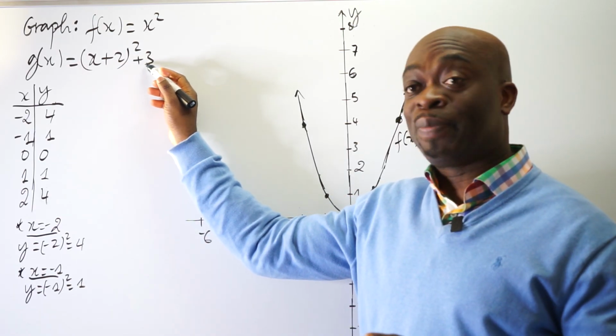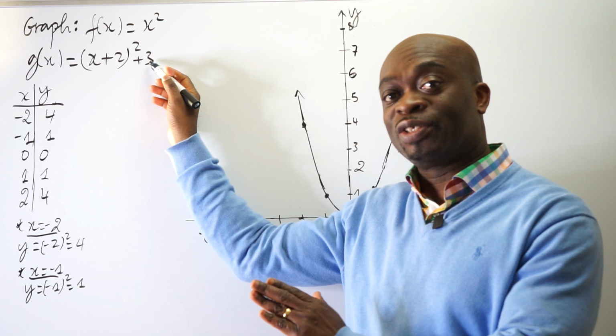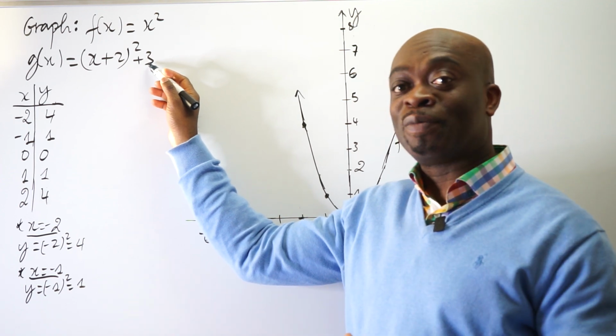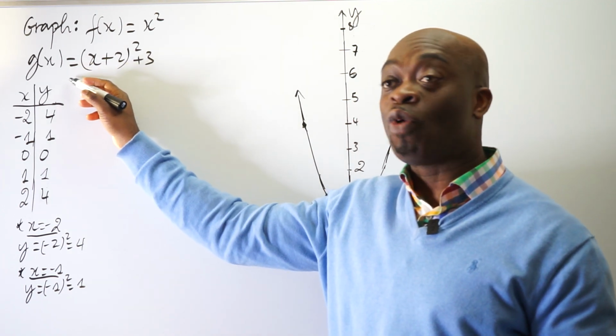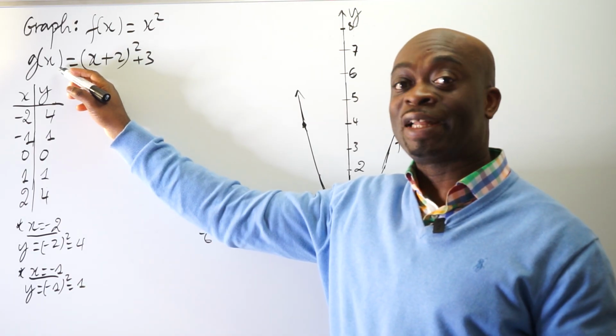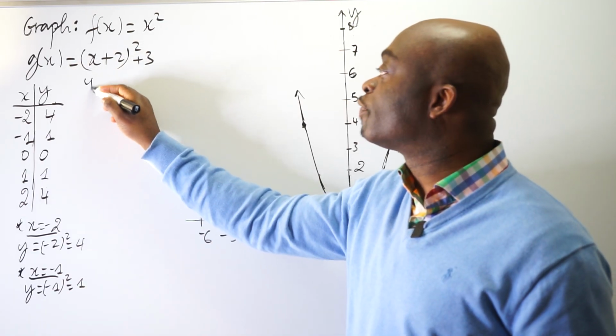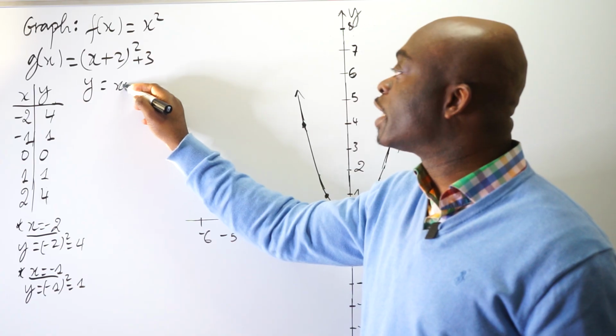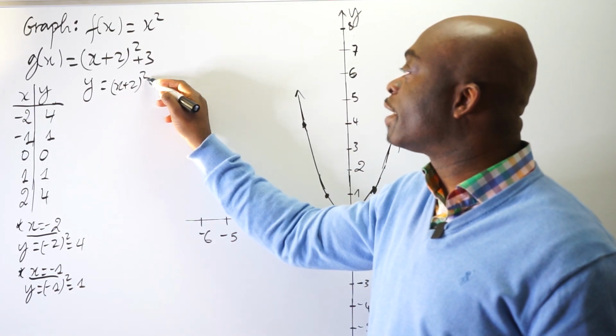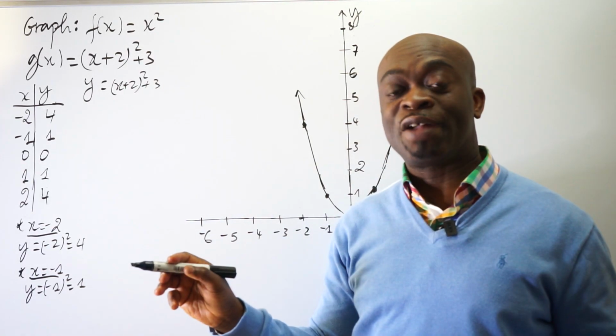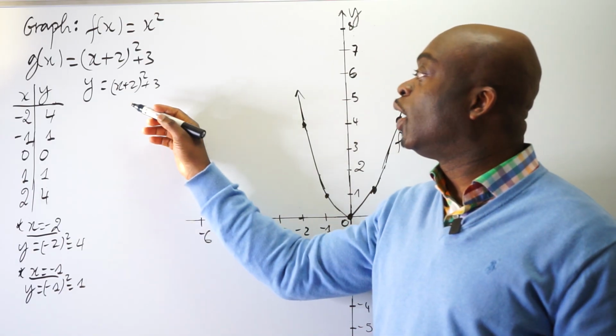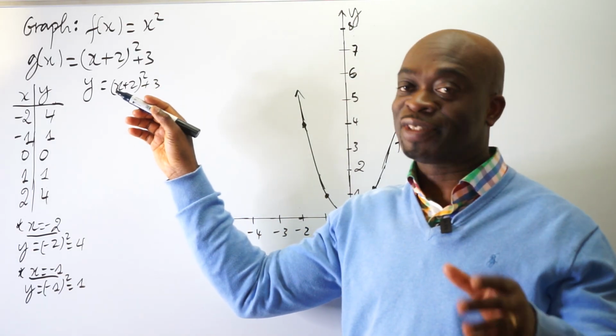And the +3 is outside the parentheses, and that +3 stands for a y value. Because remember, we can rewrite this function as y equals (x plus 2) to the second power plus 3. We can always do that for most functions.